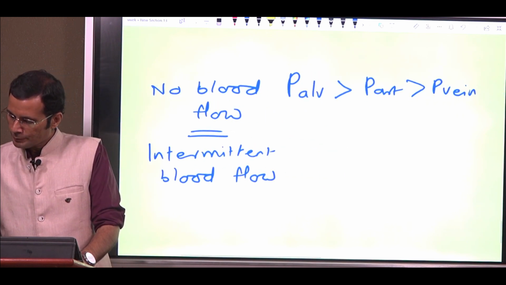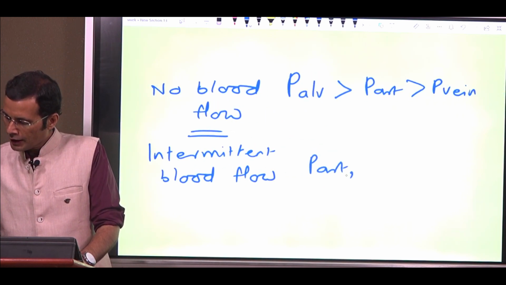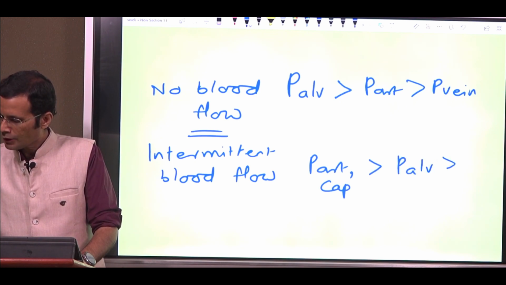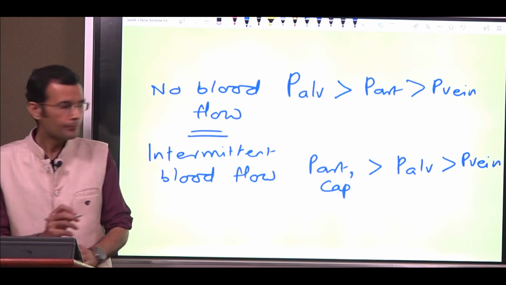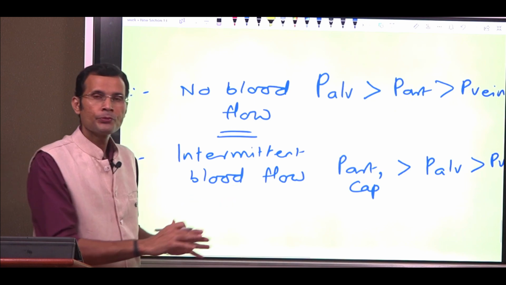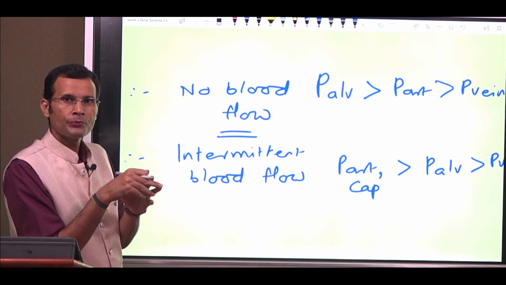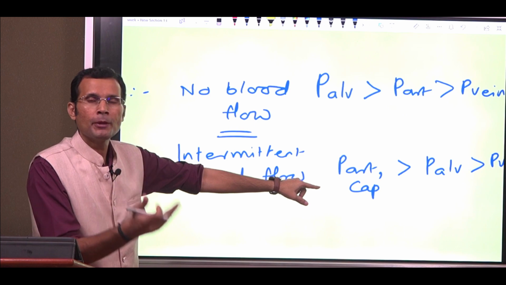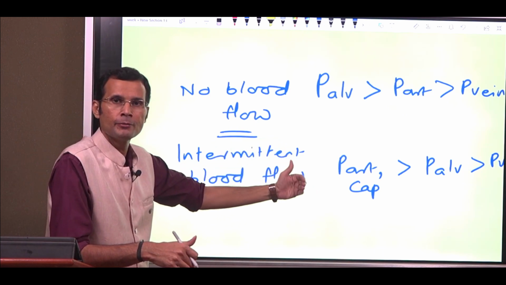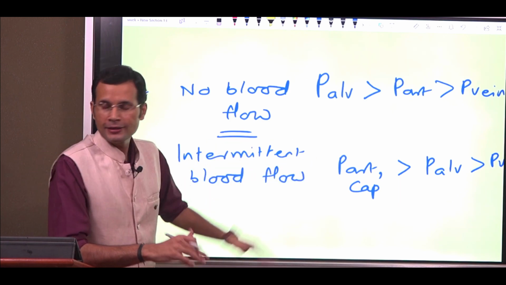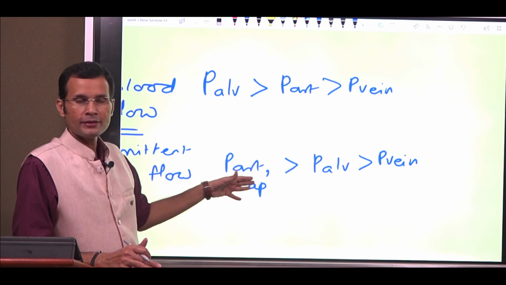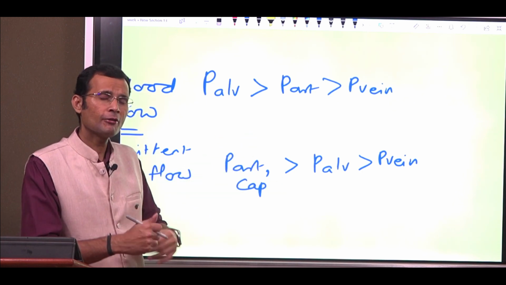Intermittent blood flow means the pulmonary artery and pulmonary capillary pressure will be greater than the surrounding alveolar pressure, but when? During systole. So that's why I am saying intermittent blood flow. What happens during systole is that the pressure in the pulmonary artery will rise and the pressure in the pulmonary capillary also will increase proportionately, and then the alveolar pressure will not be able to compress the vessels and therefore there will be blood flow.